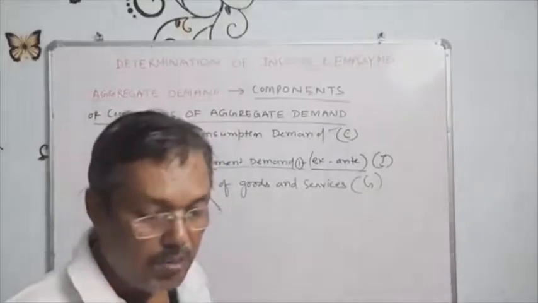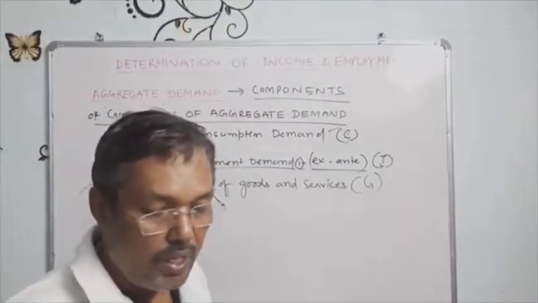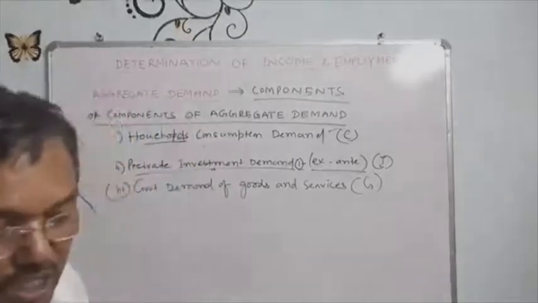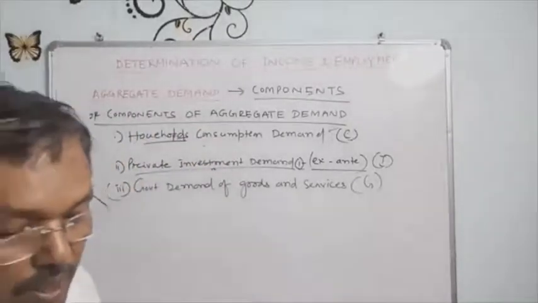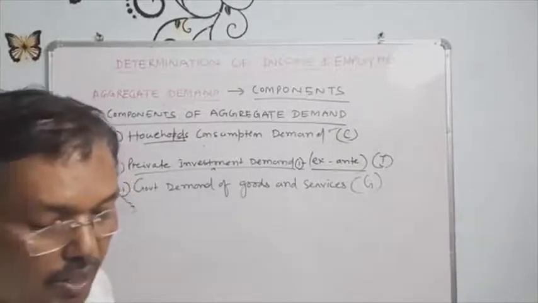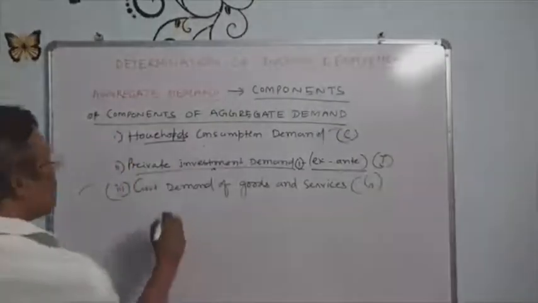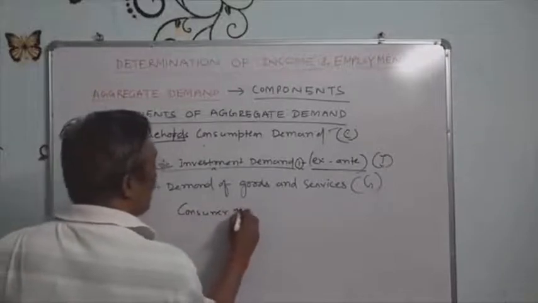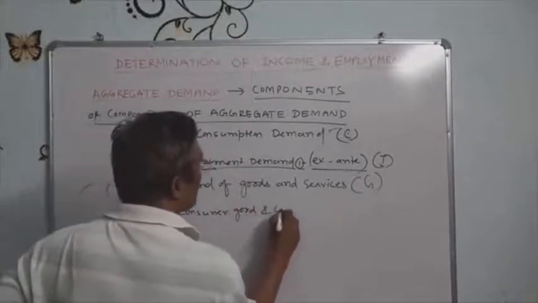are known as government demand of goods and services. So it refers to the planned expenditure on purchase of consumer goods and capital goods. Consumer goods we have already discussed, consumer goods and capital goods.